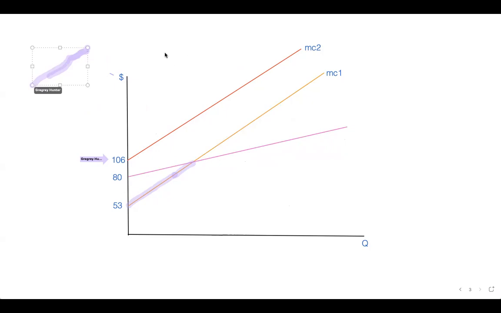So my true joint marginal cost function is this purple highlighted path, which is a piecewise linear function. And so I'll now call this MC, joint MC.